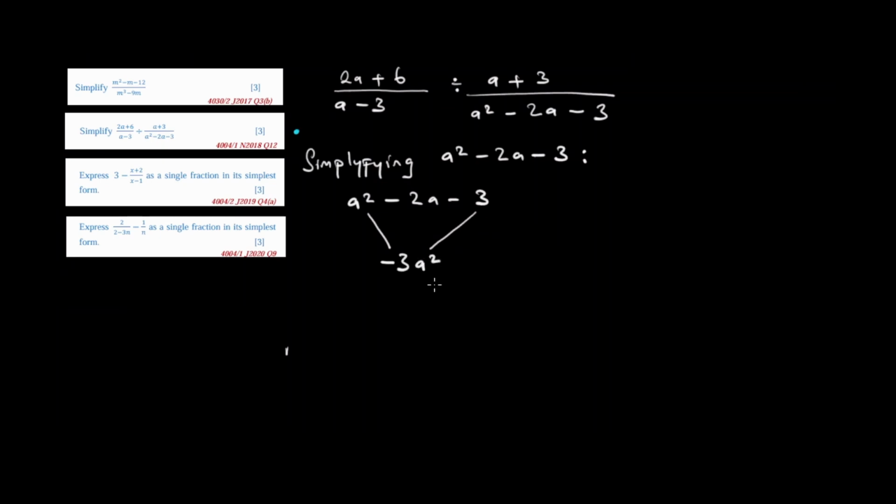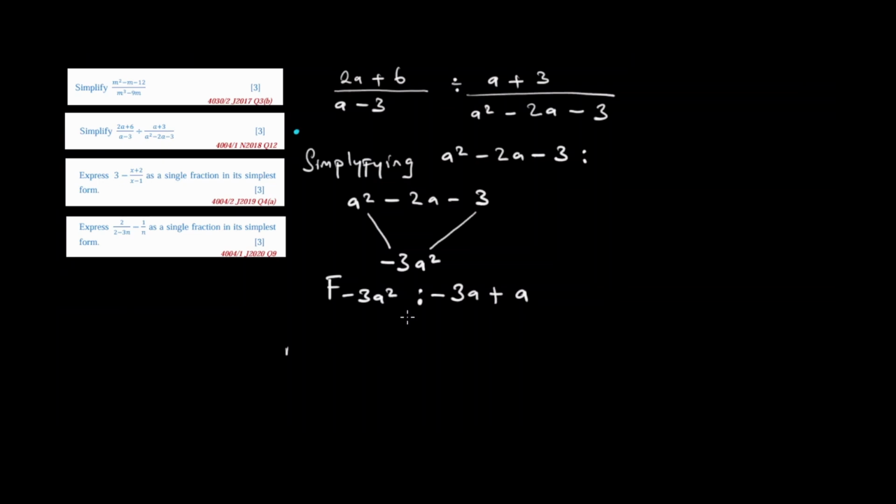So we want factors of minus 3a squared, which when multiplied give minus 3a squared, but when added give minus 2a. So if we look at 3a and a, then to get minus 2a, minus 3a plus a is minus 2a, and minus 3a times a is minus 3a squared.